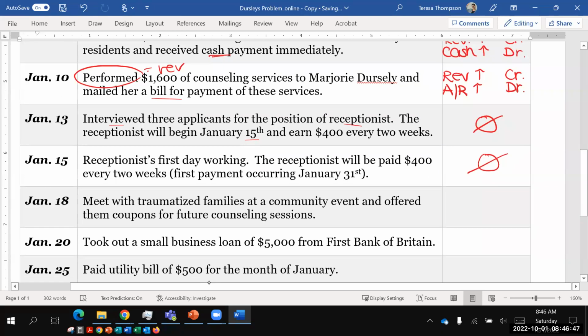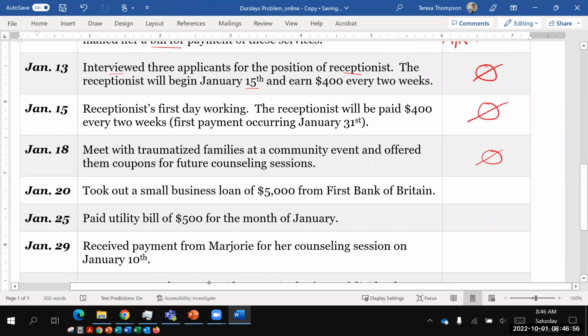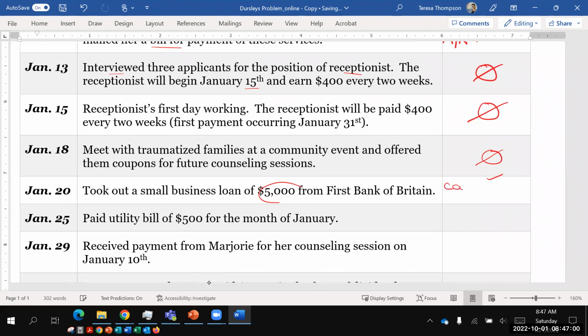On the 18th, we met with family members and we offered them coupons, but there was no financial exchange there. Took out a small business loan. Yeah, we do need to record that. We got cash. We got some money. Cash went up. So you debit cash, but it's a loan. It's going to have to be repaid.